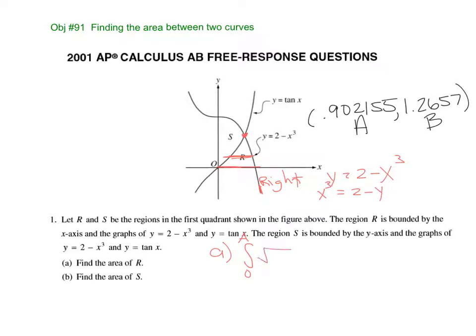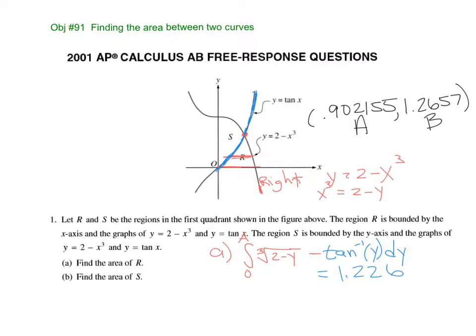So we get the cube root of 2 minus y. Minus our left function. The left function is the tan. Tan is just, so it's just arctan, right? So tan inverse of y. And because this is a calculator question, we're just going to plug that in the calculator. And I get 1.226. Done.